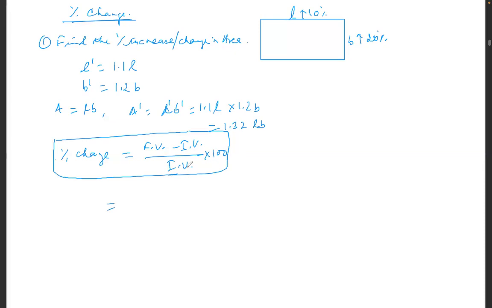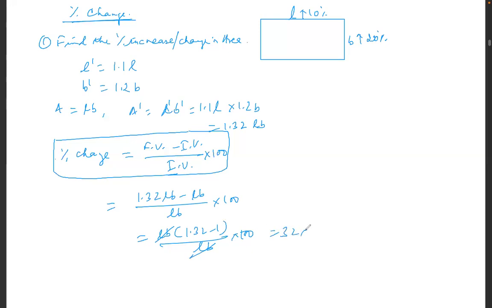So here, if I put these values, 1.32 LB minus LB divided by LB into 100, LB can be taken out: 1.32 minus 1, divided by LB, length into width, cancelled. How much you get? 32%. Clear? So this is the answer.